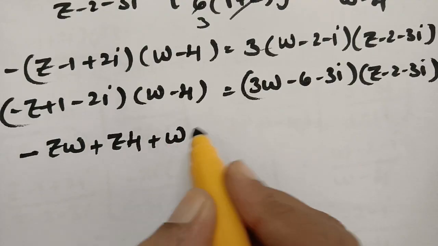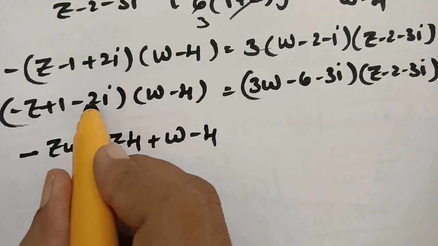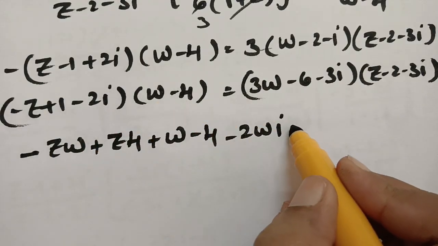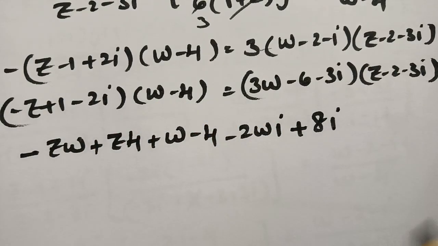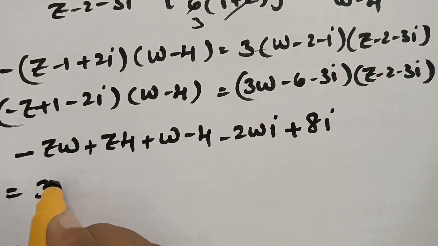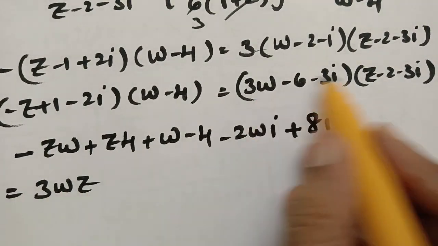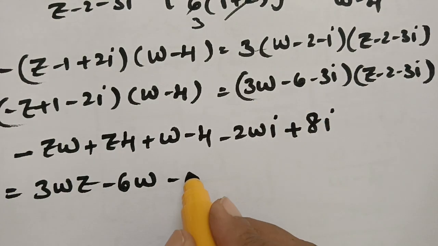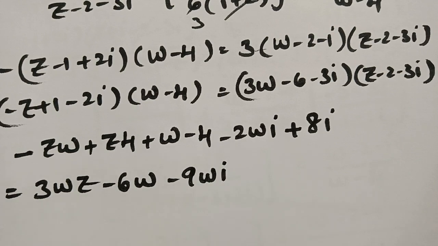and this value is w, and this value is minus 4. If I multiply, this is minus 2wi, and this is minus 2 minus plus, this value is 8i, which is equal to, if I multiply these two, this is 3wz, and if you multiply minus 6w, if you multiply, this is minus 9wi.